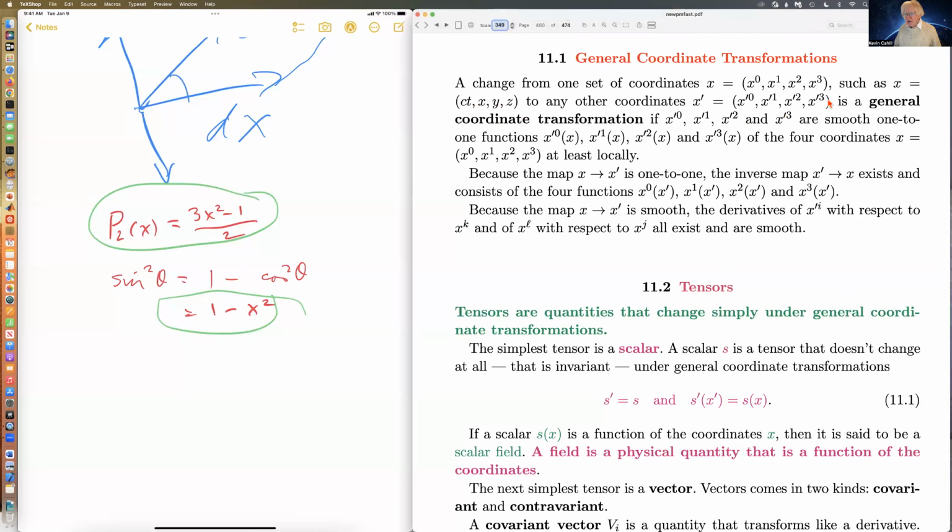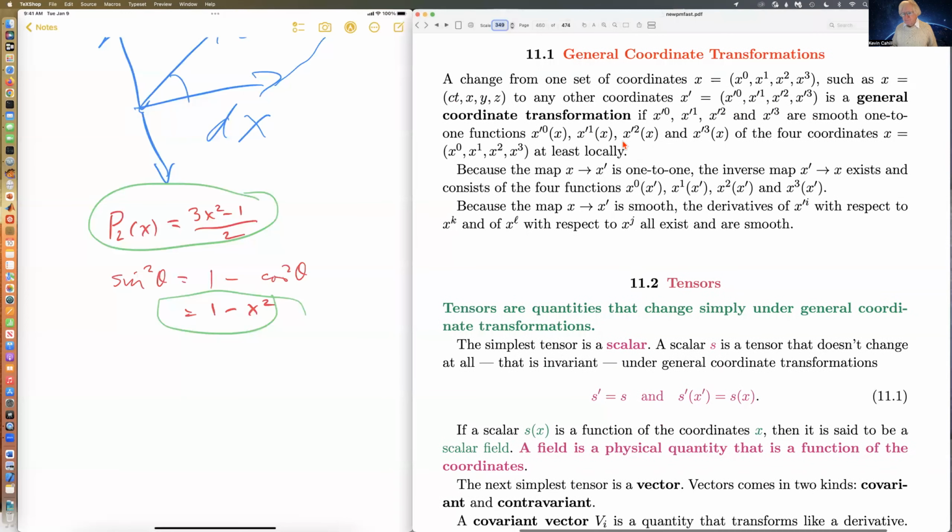if the x primes, x prime 0, x prime 1, x prime 2, x prime 3, are smooth one-to-one functions of the original 4 coordinates, and at least locally.